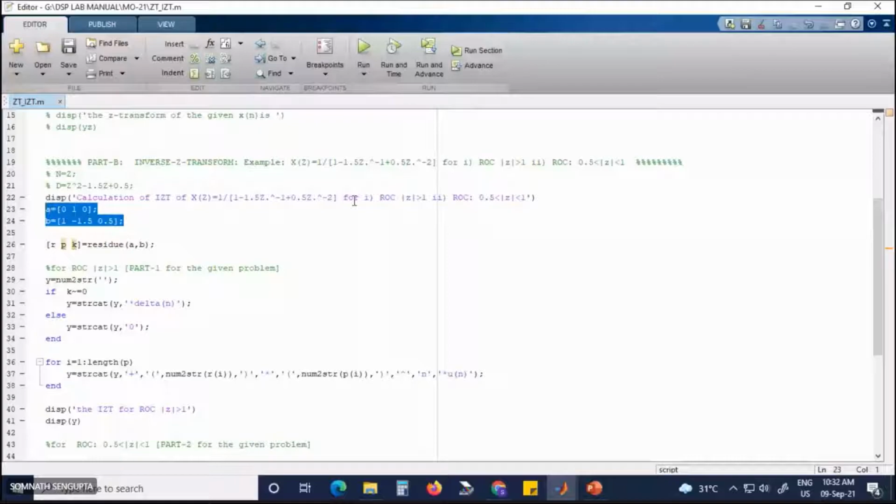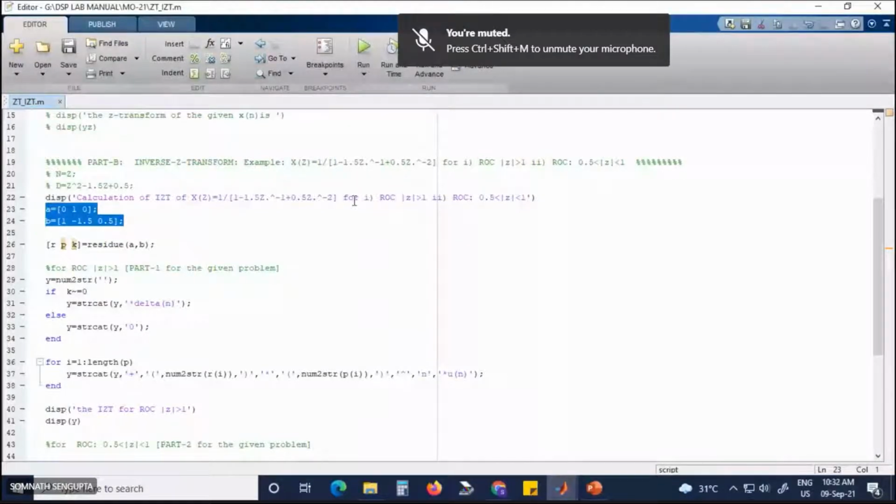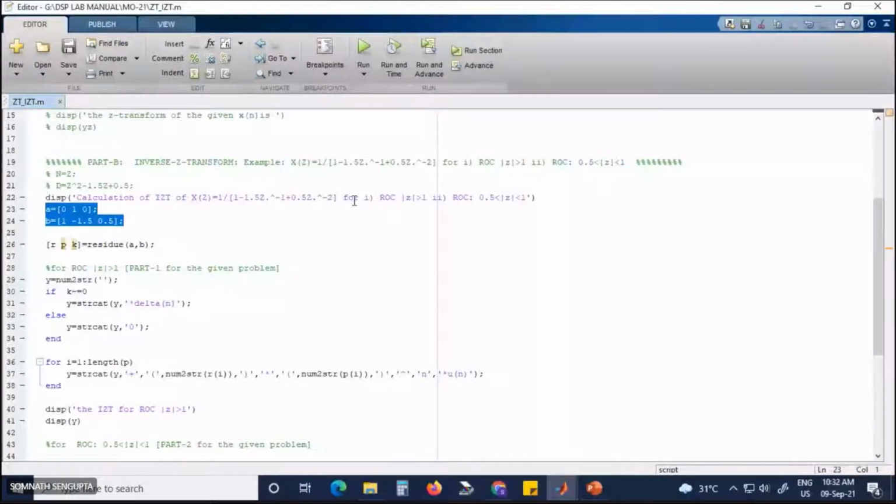Then the coefficient of z is 1 and the constant is 0. In the denominator also, the coefficients with the power of z squared are 1, minus 1.5 and so on. Okay, is it clear?